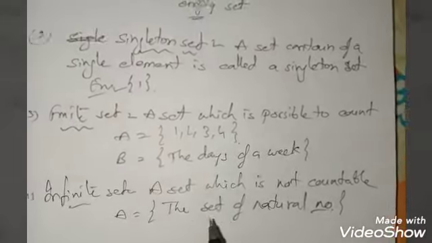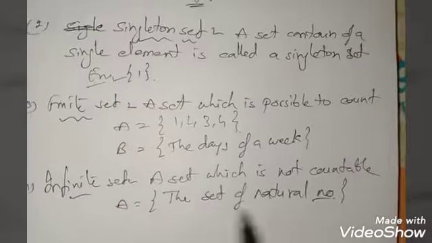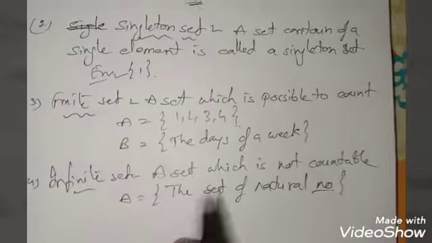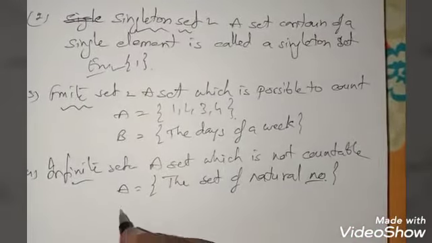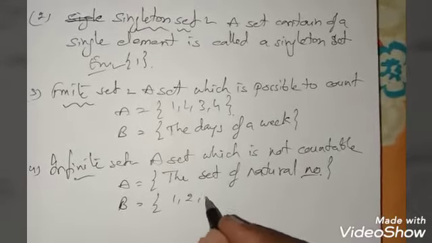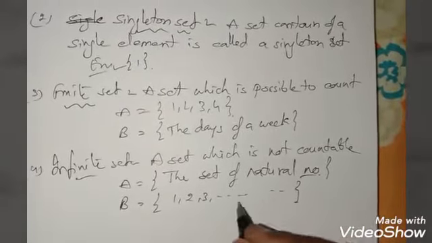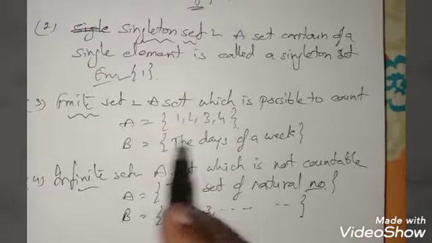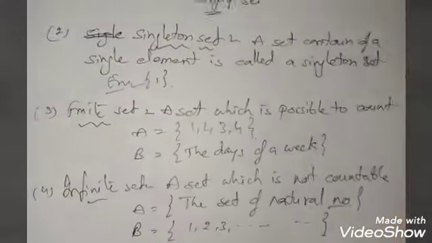Can we count the set of natural numbers? We don't know where they stop. Right, so these types of sets are called infinite sets, which cannot be counted, meaning they do not stop anywhere. For example, the numbers 1 2 3 4 and so on. I have not given any limitation. If there is a limitation, then it is called a finite set. If you don't have any limitation, it is an infinite set.